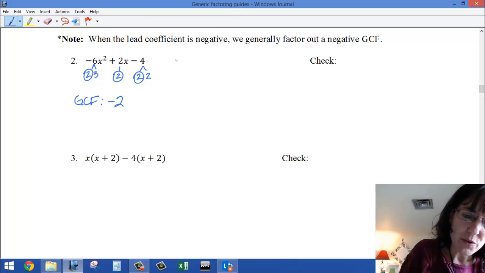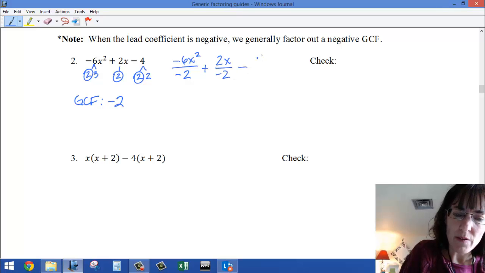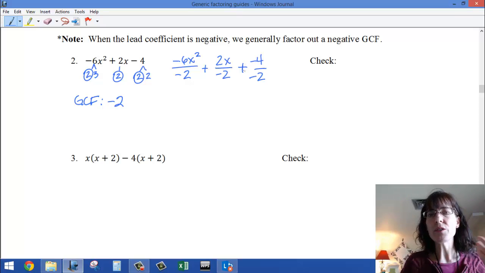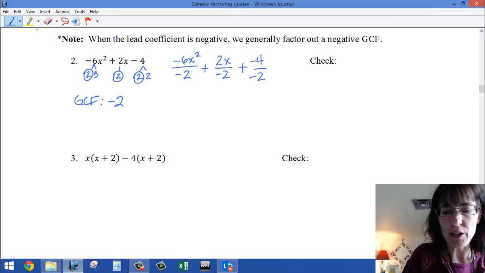So again, I want to think about either in your head or on your paper dividing every term by negative 2. And it might be helpful if you keep the negatives with the numerators and then just put a plus in between each term.